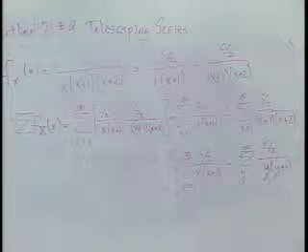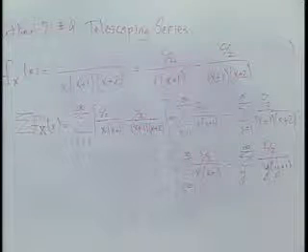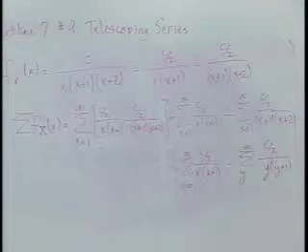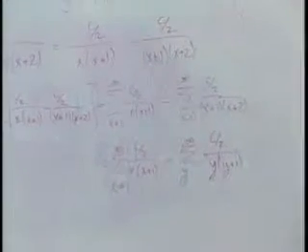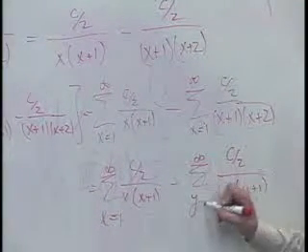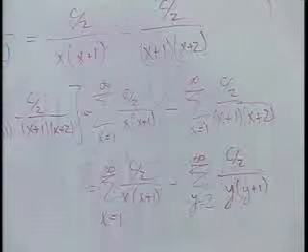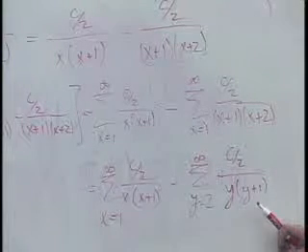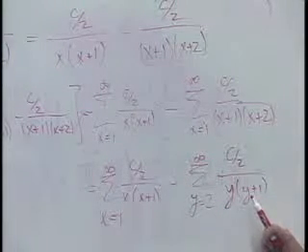But what is the lower limit on y here? If x runs from 1 to infinity, y goes from 2 to infinity. Now, at this point, I could change the name back to x.